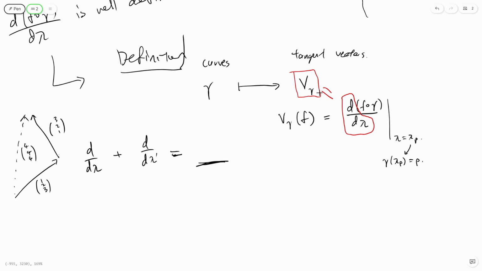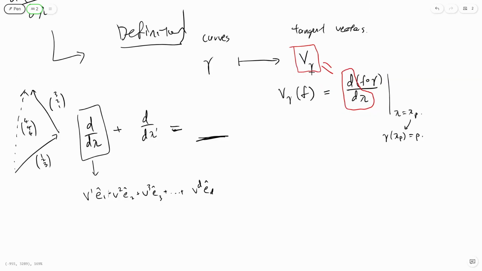So what we are seeking is a basis such that we can break this into some components v1 along with some basis e1, plus v2 e2, plus v3 e3, and of course this continues to as many dimensions as we have in a manifold, vD eD. Now I'm going to spoil it for you a little bit and tell you that the basis vectors we're actually seeking, e of mu, are the partial derivatives with respect to the coordinate chart.